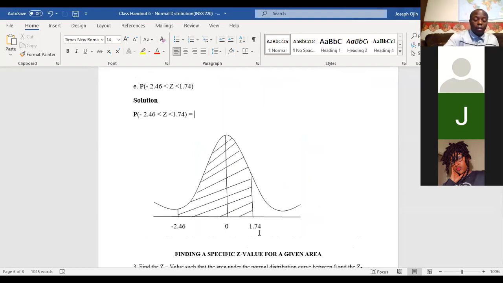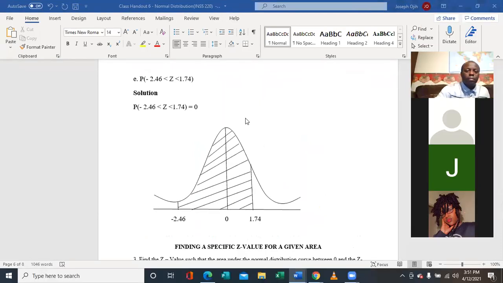Make sure you're seeing this. So 0.4931 is for negative 2.46. Then plus, because I'm going to add these two to get the two areas. For 1.74, we have 0.4591.